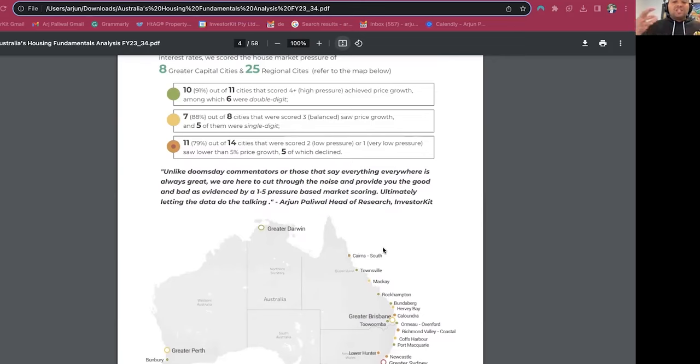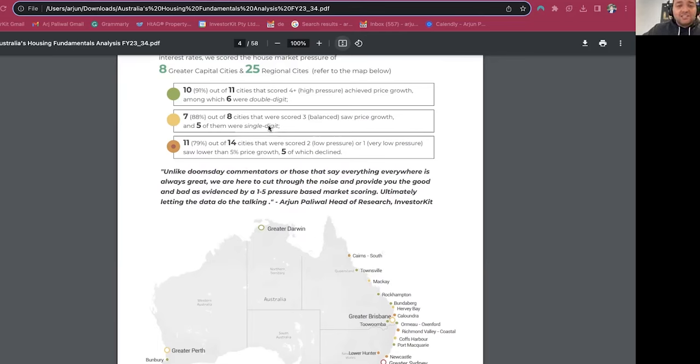So imagine that, the nation declining, we point out 11 cities that would grow, and they did, and grew well. 10 out of those 11 grew, and 6 of the 10 were double-digit price growth. So the majority were high growth, and they grew. So I hope you can see some value in those calls made there.